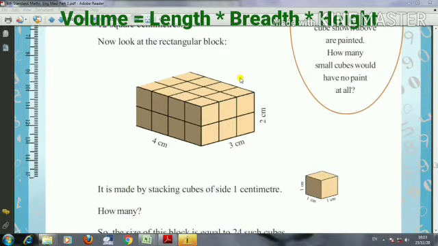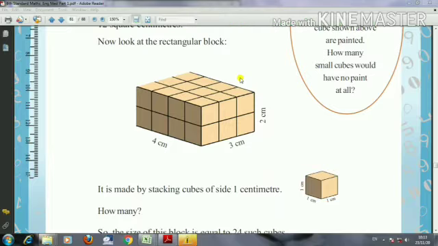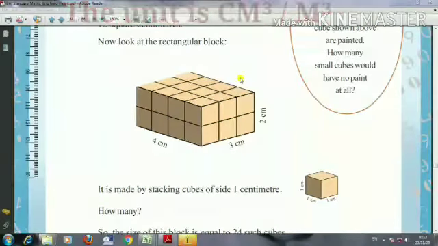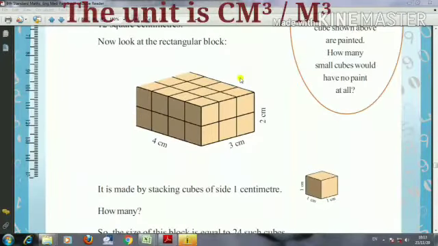Altogether 4 into 3 into 2 is equal to 24 cubic centimeters. That is the volume of the solid. Keep in mind the unit is cubic centimeter. So cubic centimeter is the unit of volume, or cubic meter, or sometimes maybe cubic feet also.